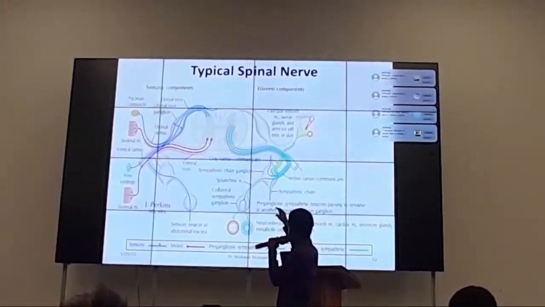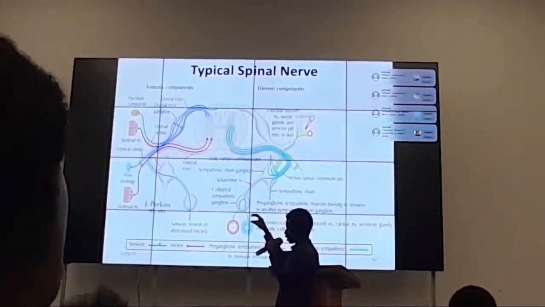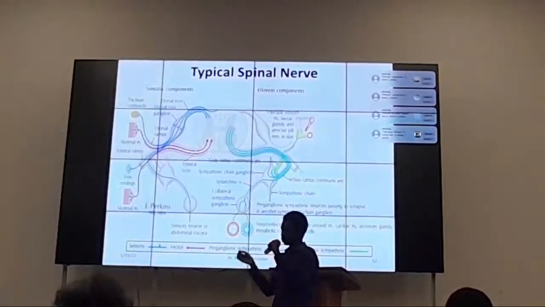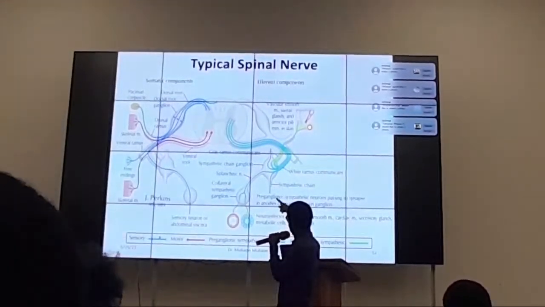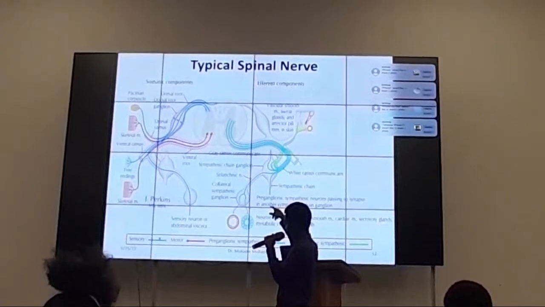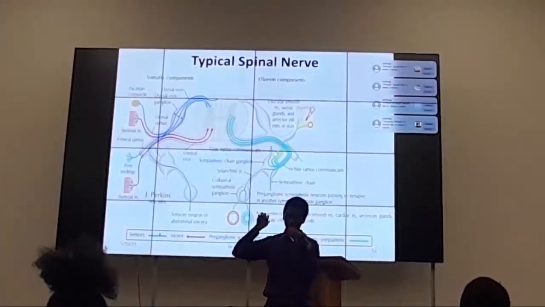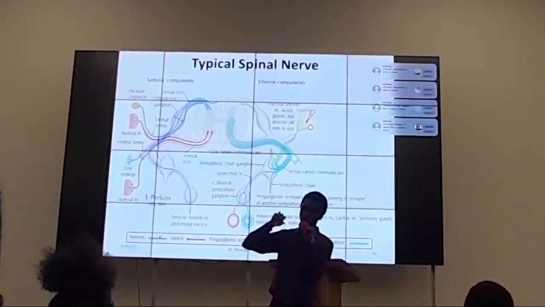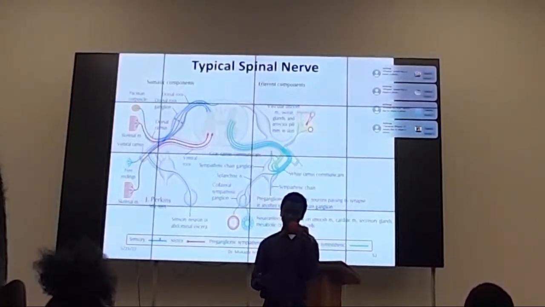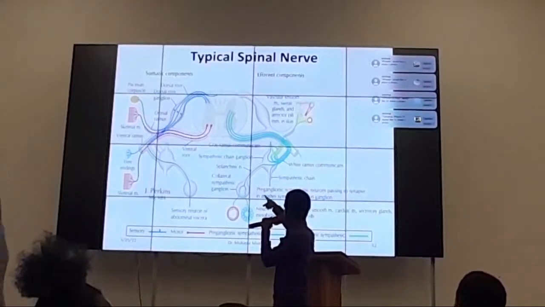But the fibers from the lateral horn are autonomic fibers. Whereas the fibers from the ventral horn, what do you think? These ones are motor to skeletal muscles.